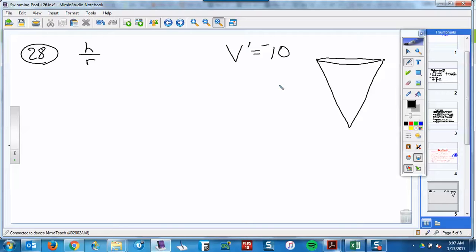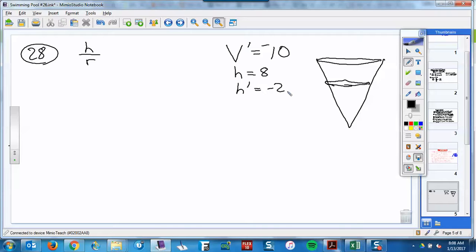Drains out of the cone at 10 cubic centimeters per minute. When the depth of the water in the cone is 8 centimeters, so we have water in here. So the depth or the height we could say is 8. The depth is decreasing, so that would be what? H prime is decreasing at a rate of 2.